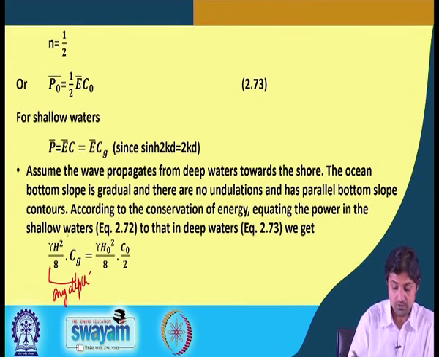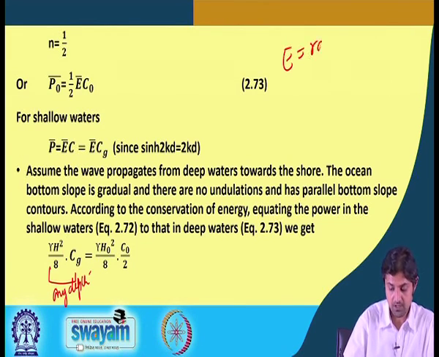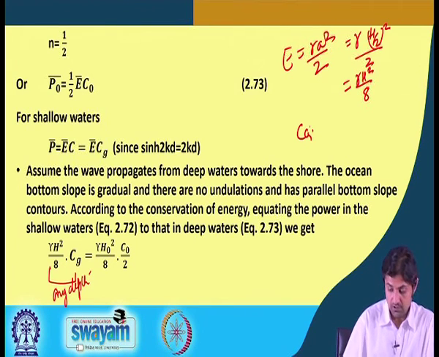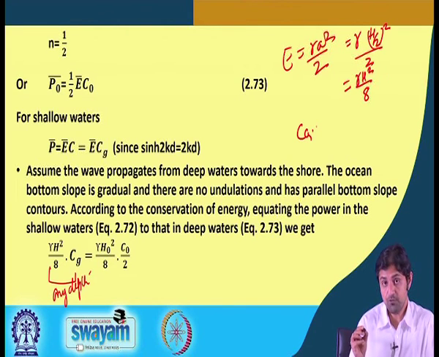E is gamma A square by 2, equal to gamma into h by 2 whole square by 2. So, this becomes gamma h square by 8, and Cg we know. So, if the wave propagates from deep water to any depth, whether intermediate or shallow, wave power is going to be conserved.